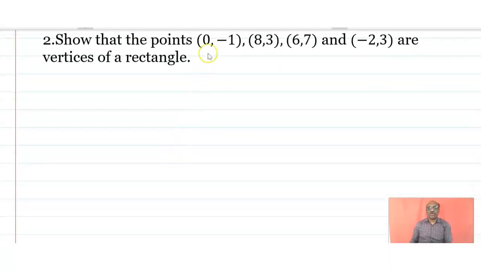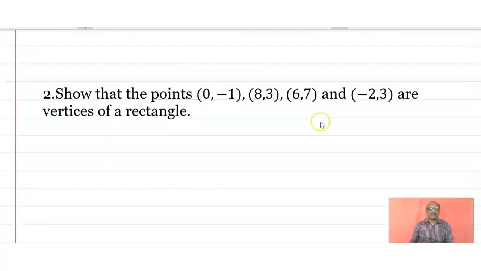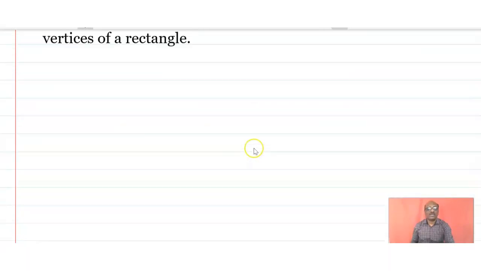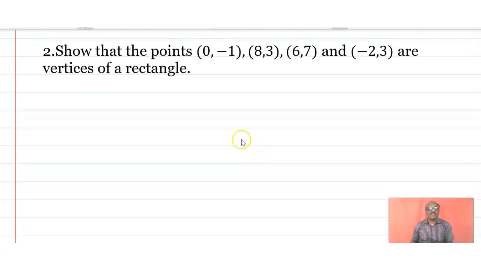Show that the points (0, -1), (8, 3), (6, 7) and (-2, 3) are the vertices of a rectangle. You can give definitions here: that ABCD is a parallelogram, that is, opposite sides are parallel. Next question.